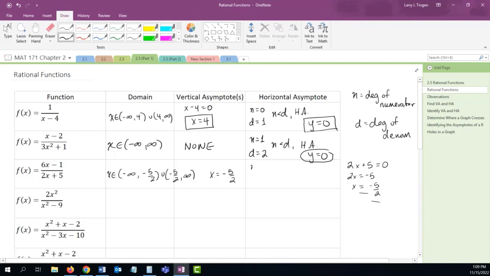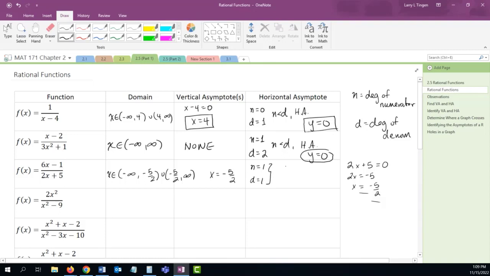Horizontal asymptote. The degree of the numerator is 1. The degree of the denominator is 1. So that means my horizontal asymptote is the ratio of the leading coefficients.